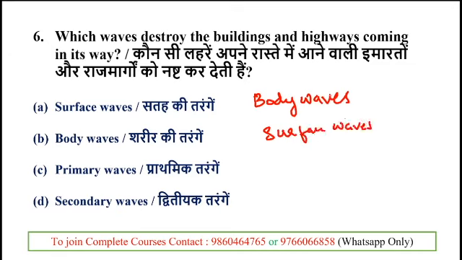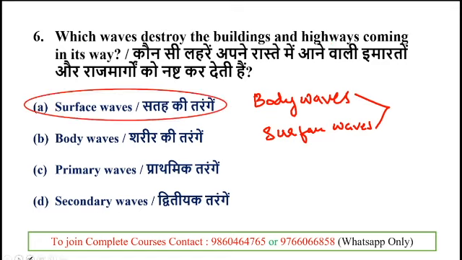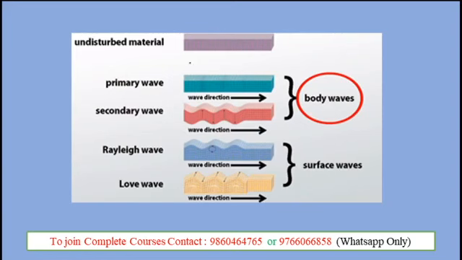So the body waves and surface waves are the important waves in an earthquake, and in body waves there are two other important waves, and also in surface waves two other important waves. Clear. And the buildings and highways are destroyed by the surface waves.